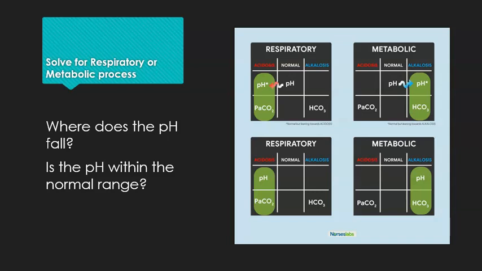For the bottom grid for the metabolic process, you have your pH and bicarb that are both solid in the alkalosis column, and then your PaCO2 is in the acidosis, giving this a partial compensation because your PaCO2, or your respiratory component, is opposite of your metabolic component, but your pH is still out of range, so it is not fully compensated on this process.